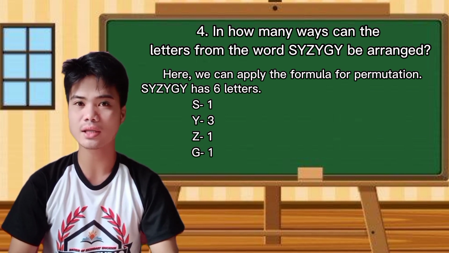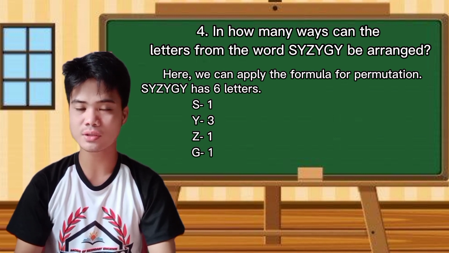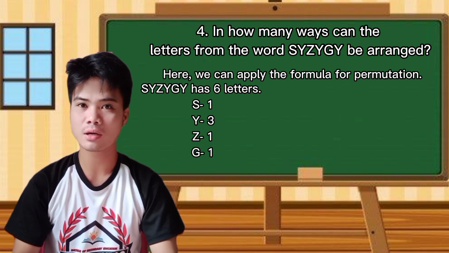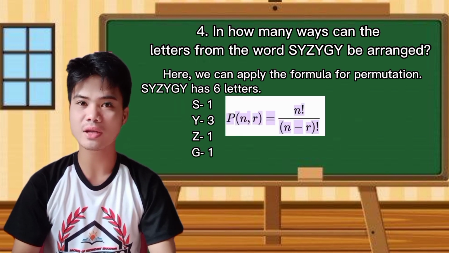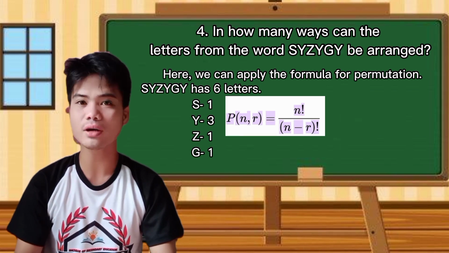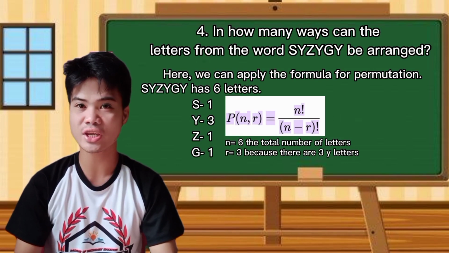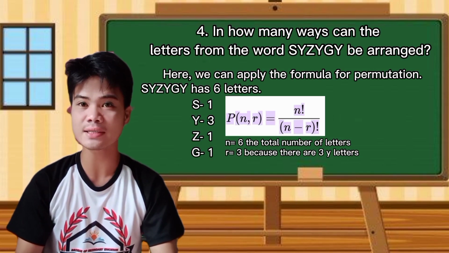Z, 1 letter. And G is 1 letter. So all you have to do is to substitute the values using the formula of permutation. The formula is n factorial divided by n minus r factorial. So our n is 6, the total number of letters, and our r is 3 because there are 3 Y letters, and the rest is 1.